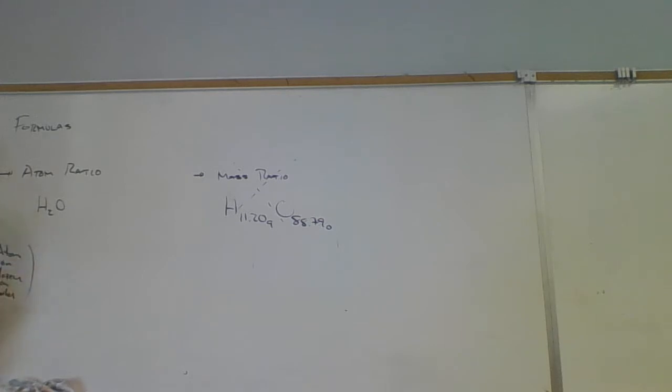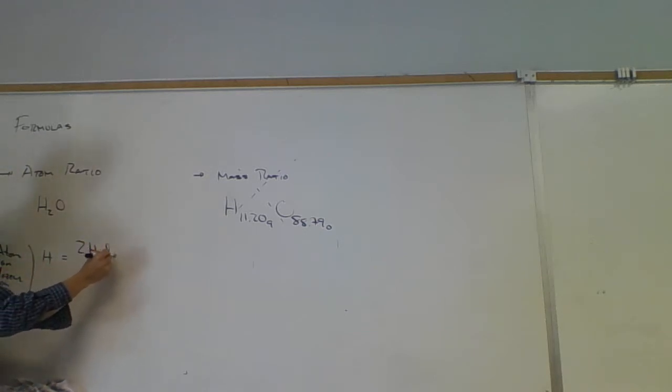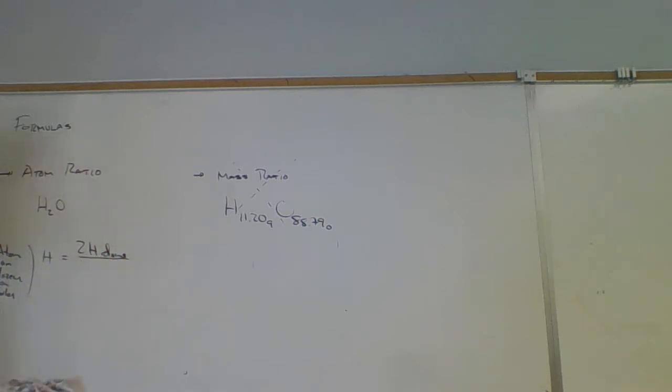And so if we just do this by atom, then the percent hydrogen by atom would be, how many hydrogen atoms are there? There are 2 hydrogen atoms over a total of how many atoms? In this case, it would be a total of 3 atoms.